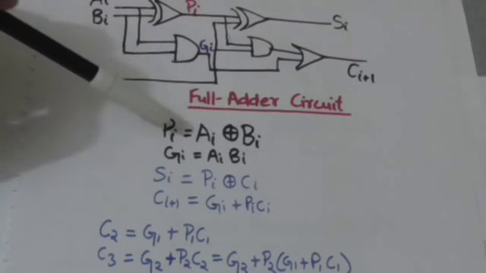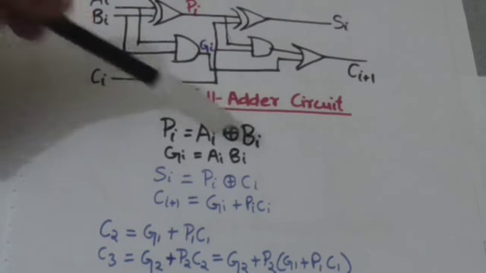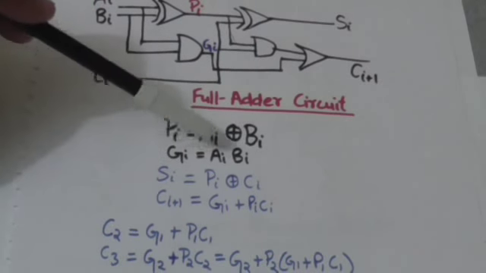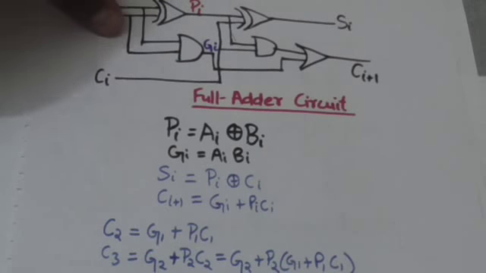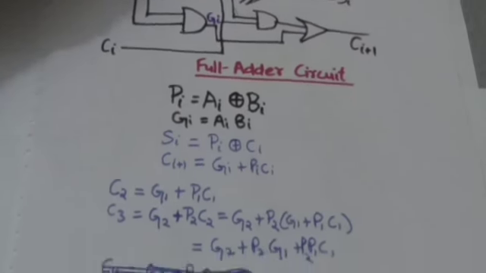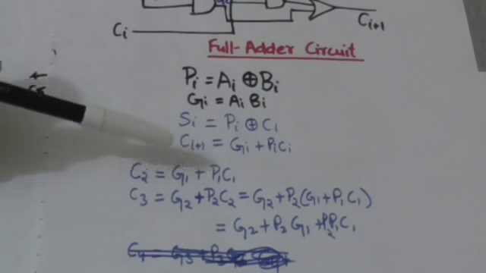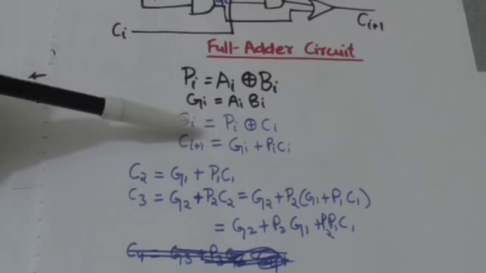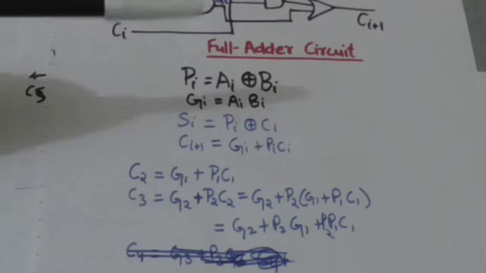Pi equals Ai XOR Bi and Gi equals Ai AND Bi. So now by this expression we can get the value of C2, C3 and C4.